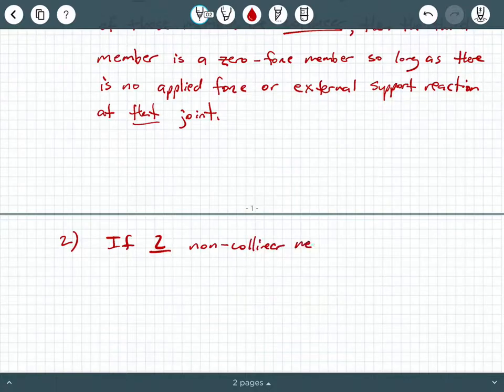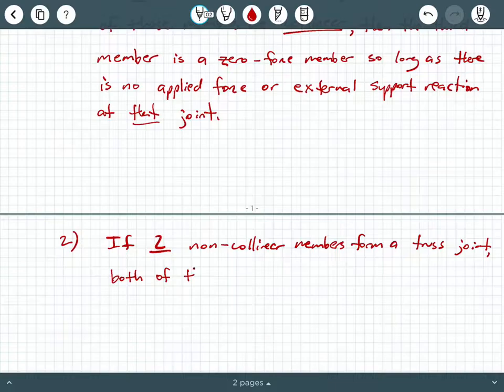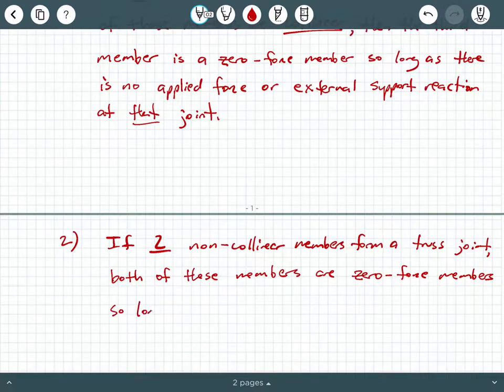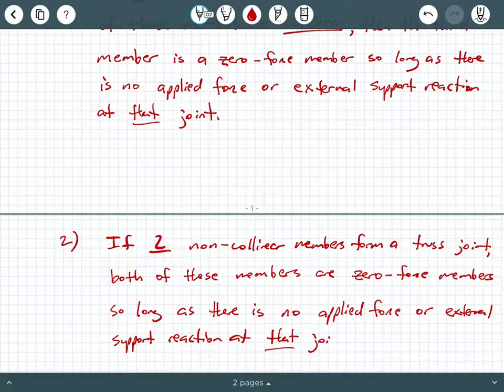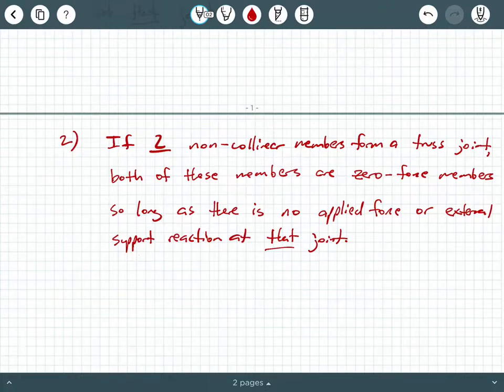If two non-collinear members form a truss joint, both of these members are zero force members, so long as there is no applied force or external support reaction at that joint. Okay, so let's dissect this.